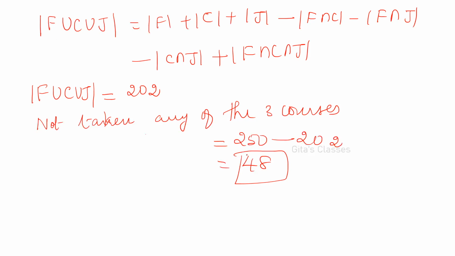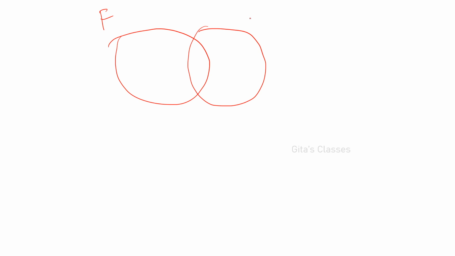The same thing can be done using a Venn diagram also. I'll show you that also. This is for Fortran, this is for C, and this is for Java. Always remember you have to start from the minimum thing.